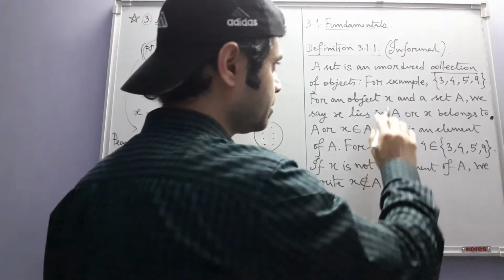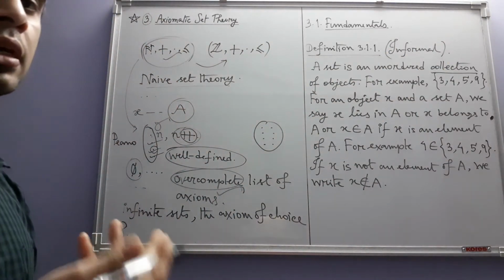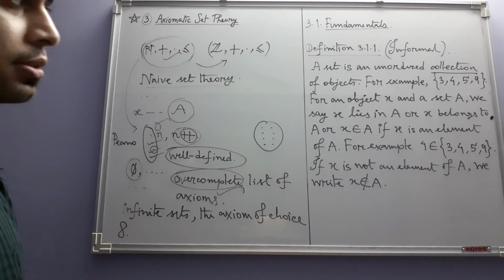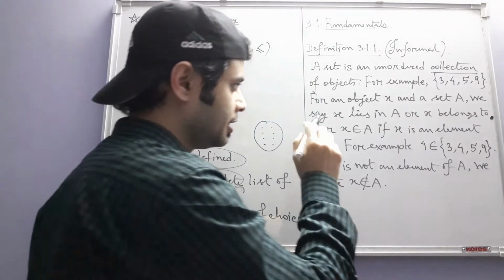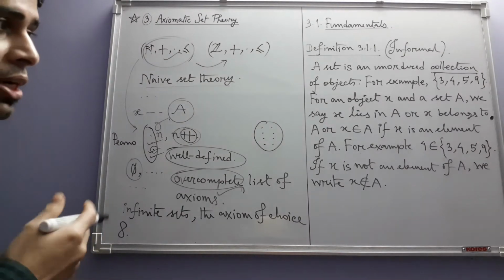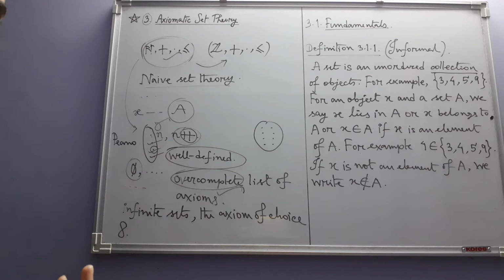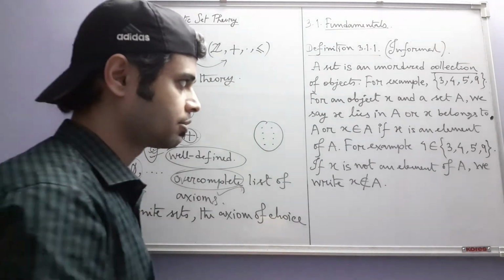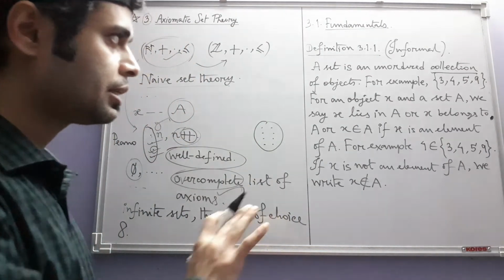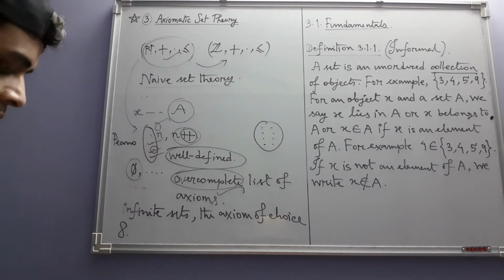Also, this definition does not say anything about which sets are equal to some other sets. And the definition says nothing about how we can perform some operations on sets like union, intersection, those things that we have already come across in naive set theory. This definition does not say anything about that. So it just gives us a vague idea of sets.